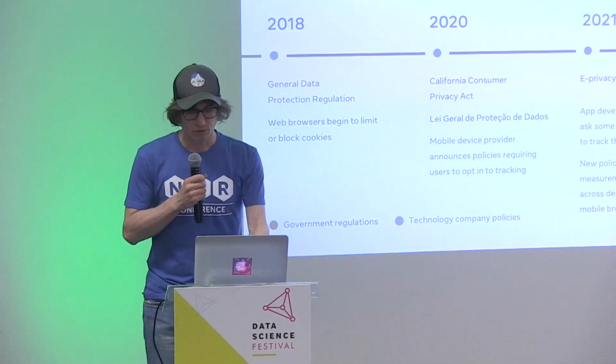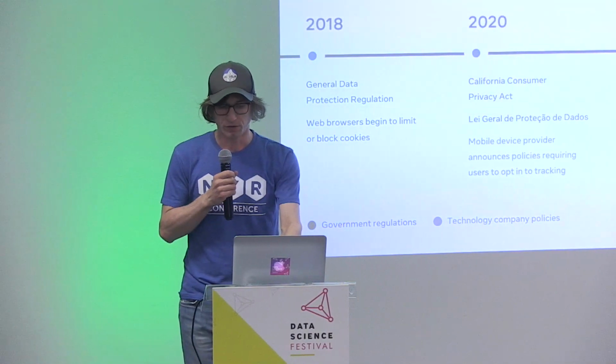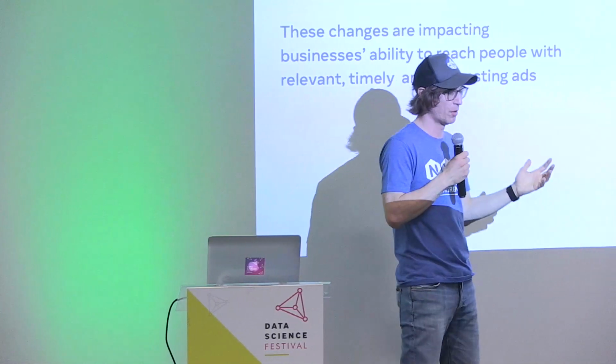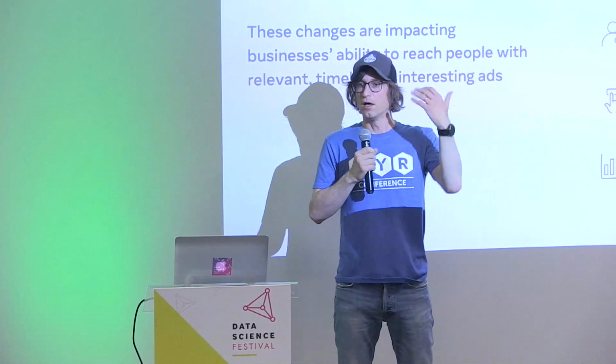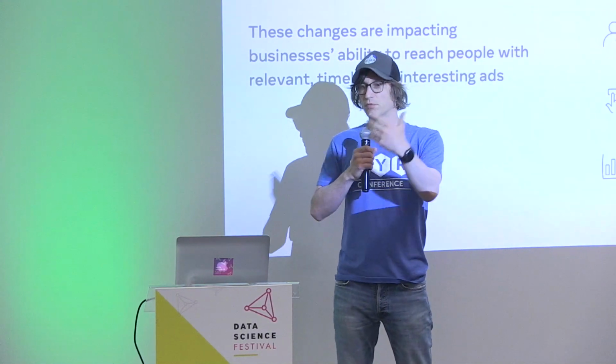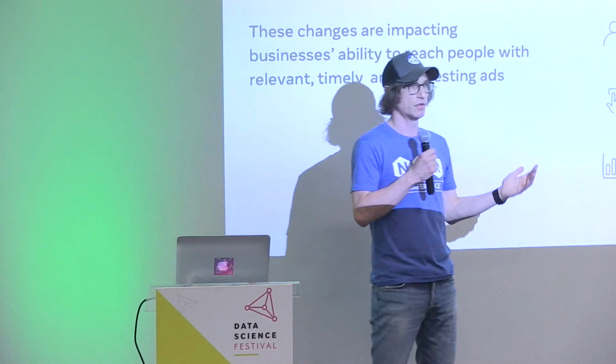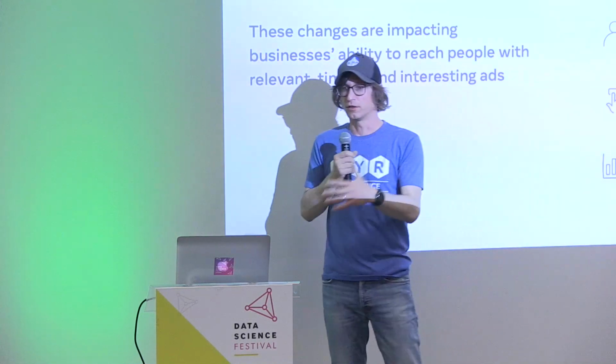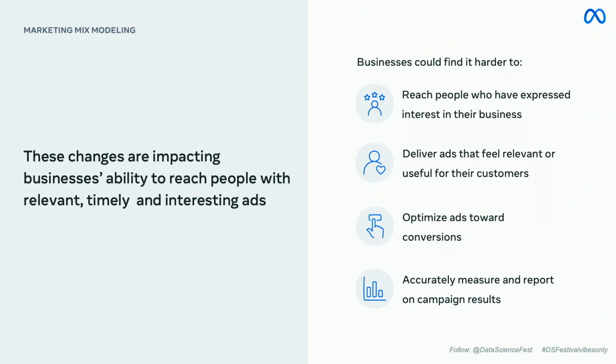Now, this is overall a really good thing for the internet and for companies operating in this space, but this is also impacting the ability, for example, for us as data scientists, as measurement people, in general, to work with the data that we have. So, out of the many things that this is going to bring positively, there are some things that will become more difficult.